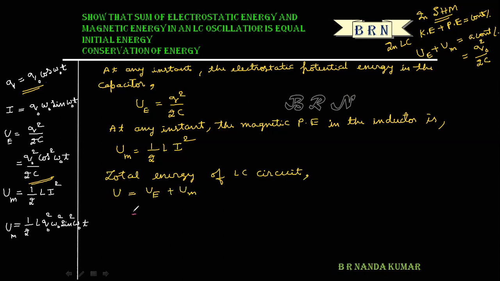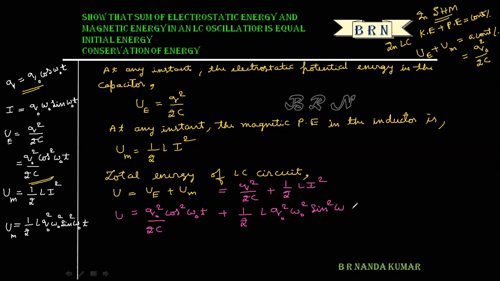UE is Q square by 2C, UM is half L I square, and Q is Q naught cos omega naught T. This gives Q naught square cos square omega naught T divided by 2C plus half L times I squared, where I is Q naught omega naught sine omega naught T, so that is Q naught square omega naught square sine square omega naught T.